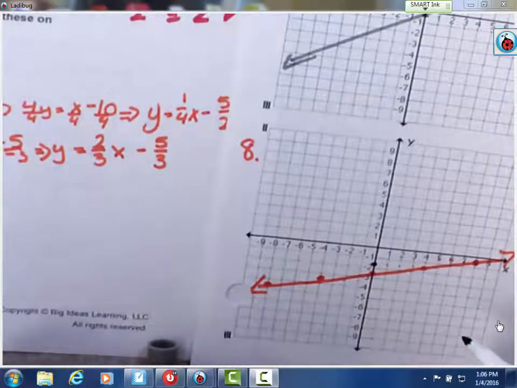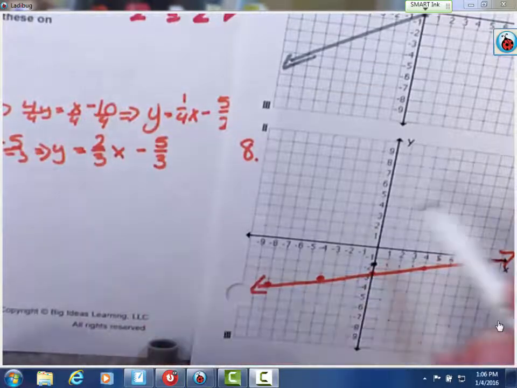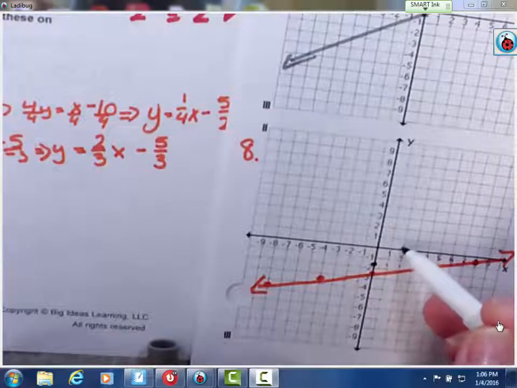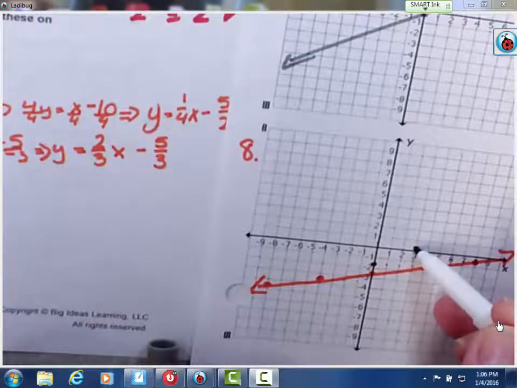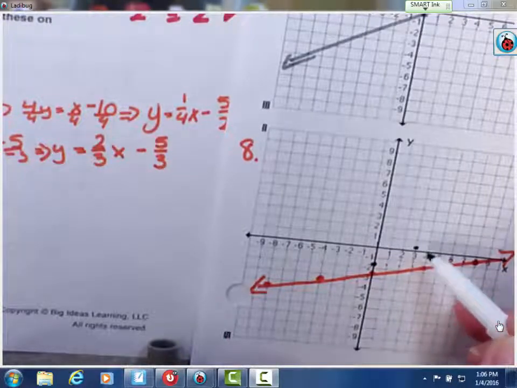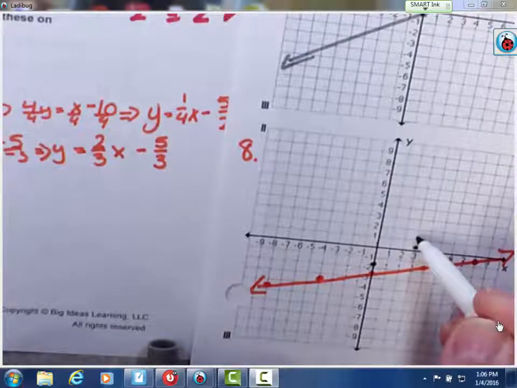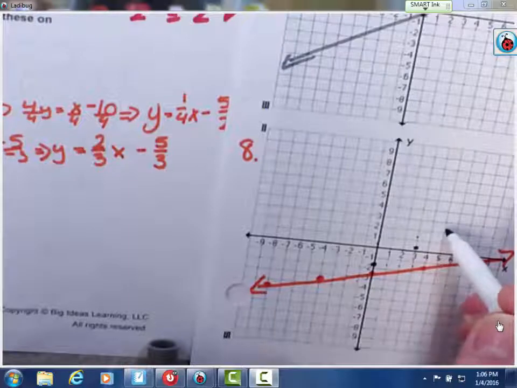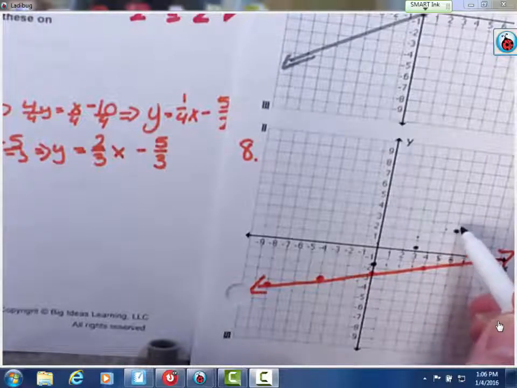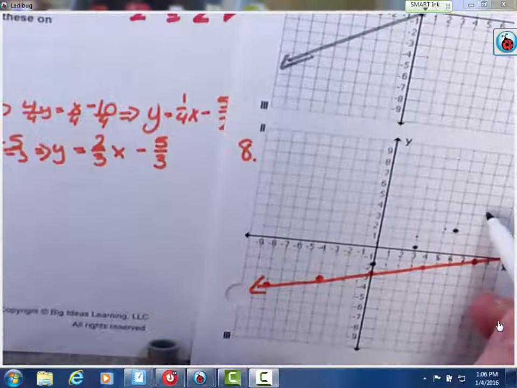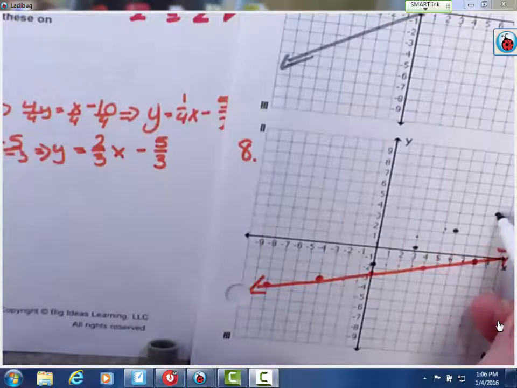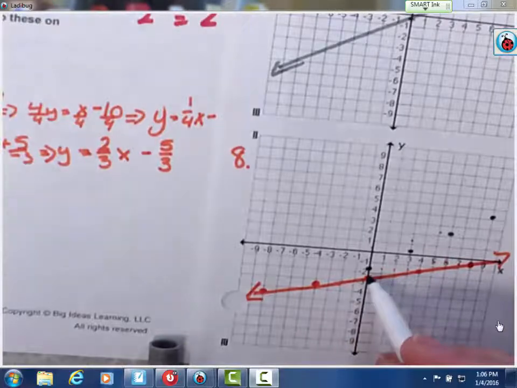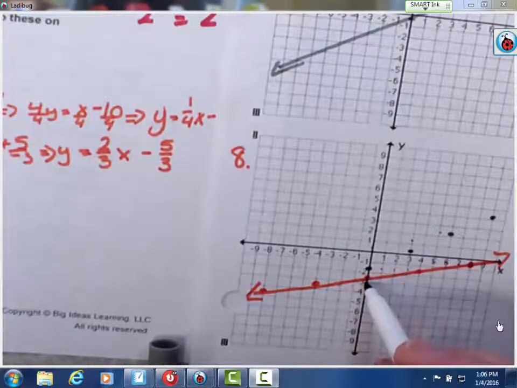And then we're going to have a slope of 2/3, so up 2, 1, 2, and over 3, 1, 2, 3. And then we can go down 2 and left 3 as well.